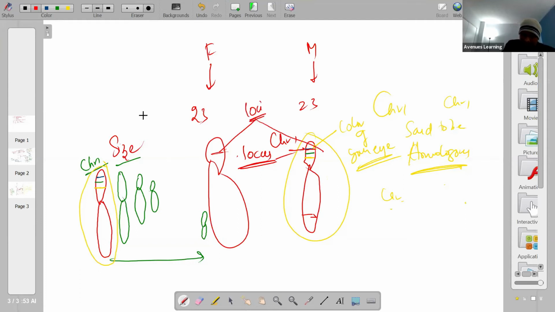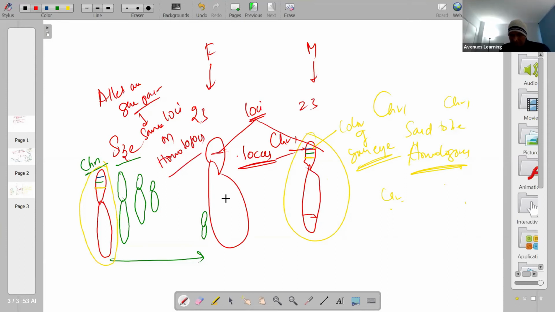So what are alleles? Alleles are gene pairs that are present on the same loci on homologous chromosomes. So these two are homologous chromosomes. If you take two loci on the homologous chromosomes, you will see the same set of genes, and those are what we are calling alleles.